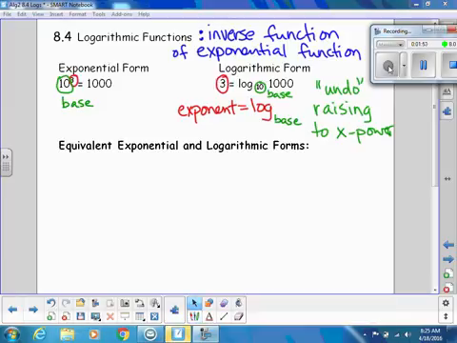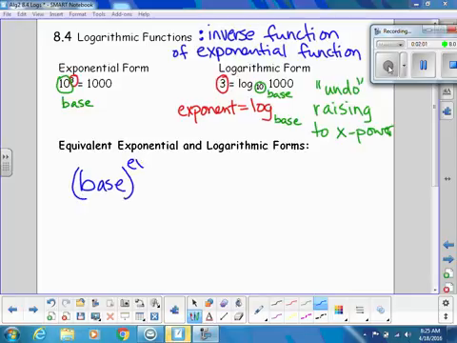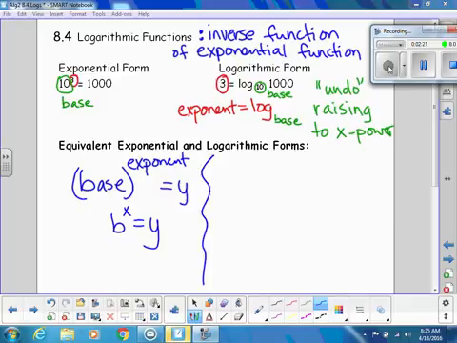Okay, so in general, if I have some base raised to some exponent, and that is equal to some number, I'm going to call that y. So in variable form, that would look like this. B for base, x for the exponent is equal to y. That's exponential form.